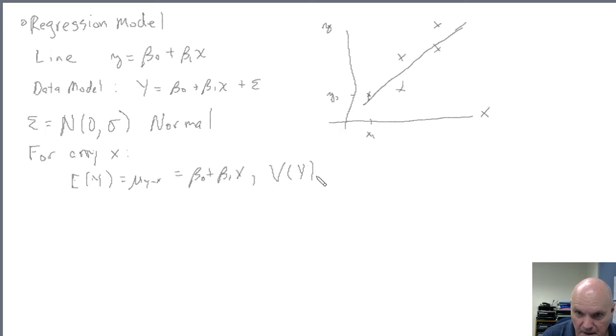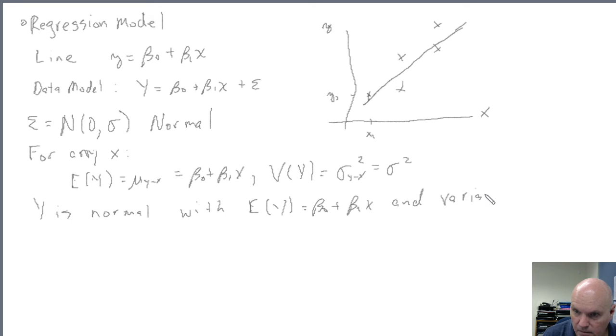The variance of y, in alternate notation, is just sigma squared. It's the same as the variance of epsilon. So y is normally distributed with expected value equal to beta 0 plus beta 1 x, and variance sigma squared.